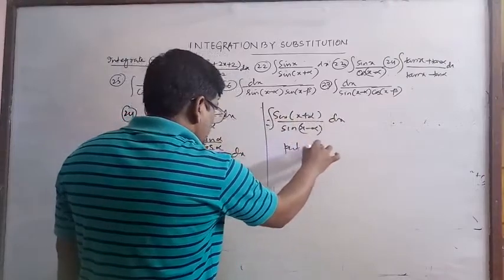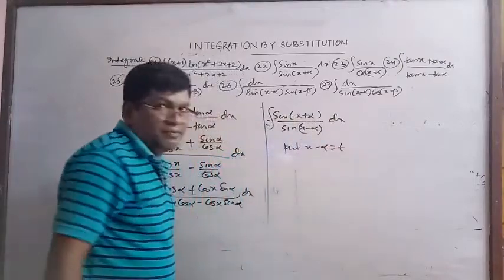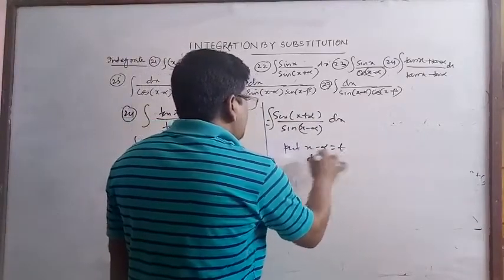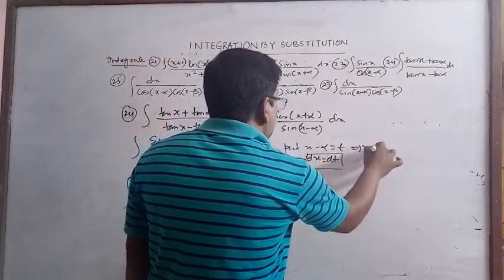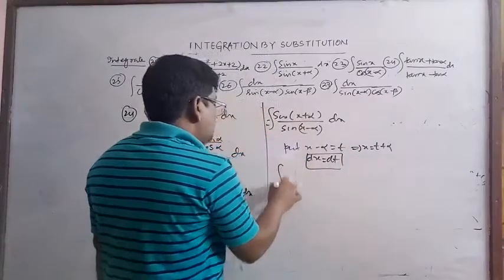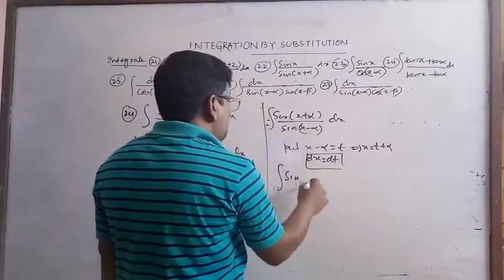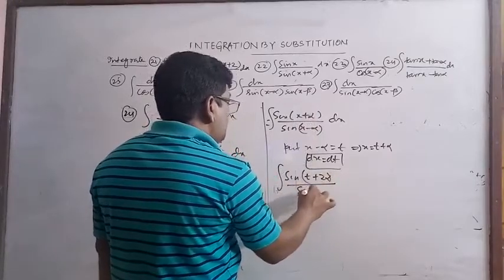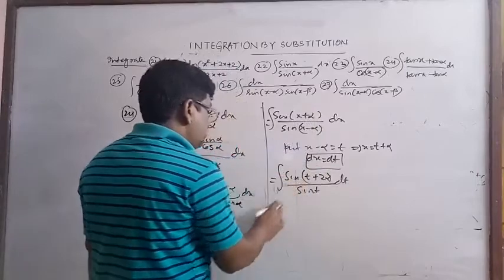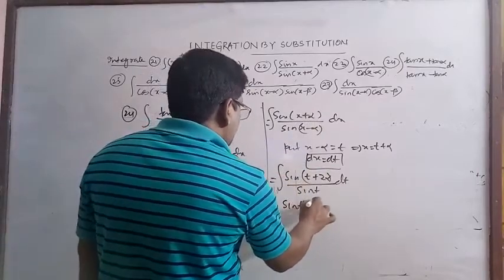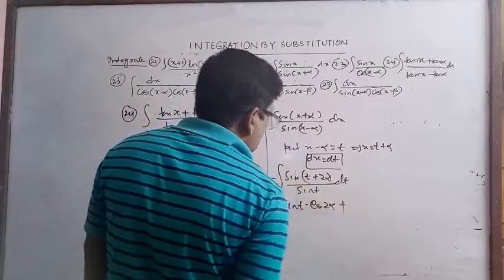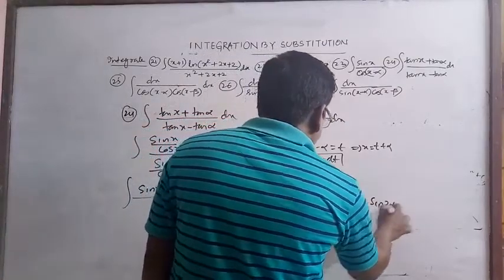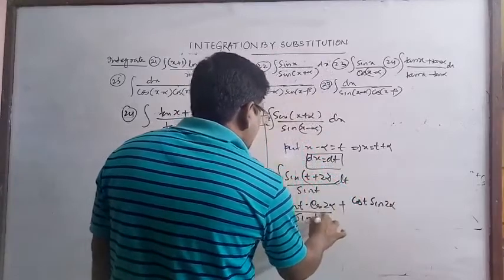Put x minus alpha equal to t, that is, sin(x minus alpha) is t. So dx is equal to dt and x is equal to t plus alpha. So this is sin(t plus alpha plus alpha), that is sin(t plus 2 alpha), divided by sin t dt. So this is equal to (sin t cos 2 alpha plus cos t sin 2 alpha) divided by sin t dt.